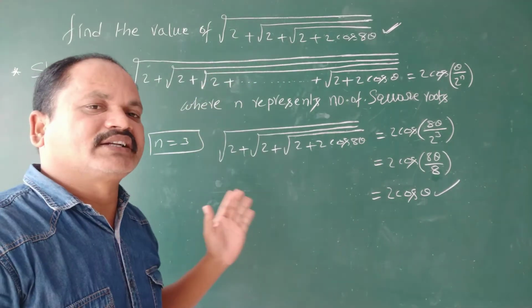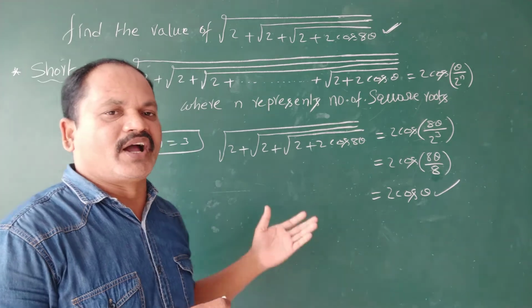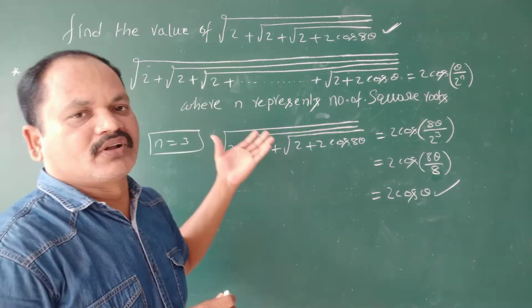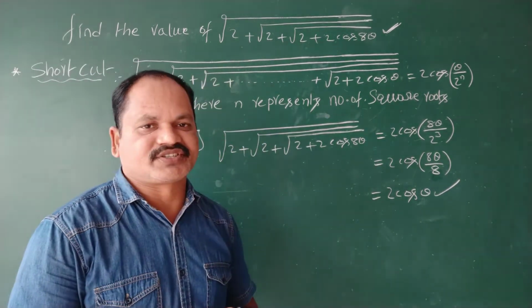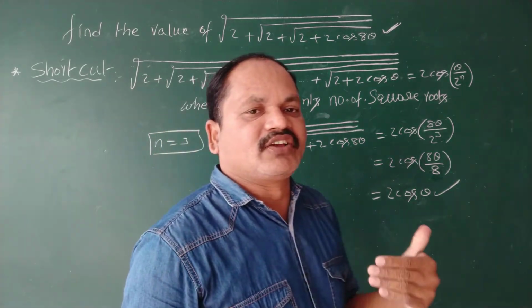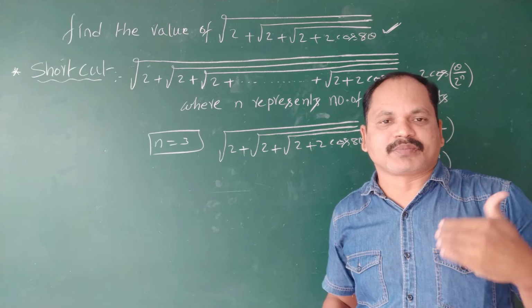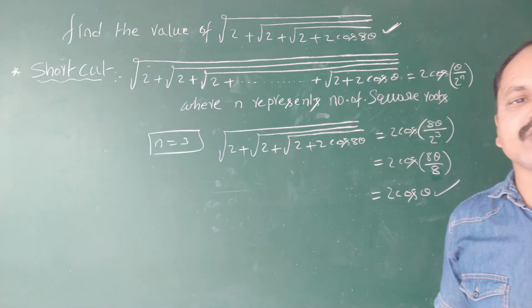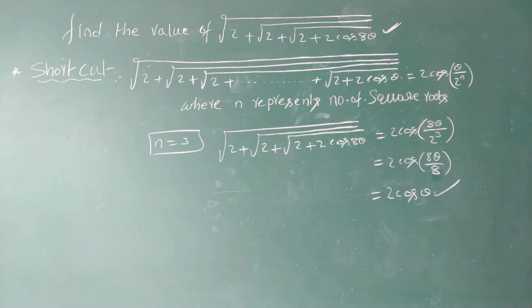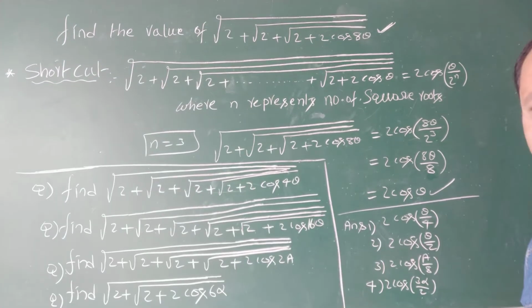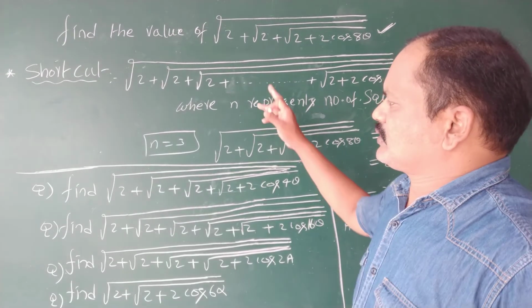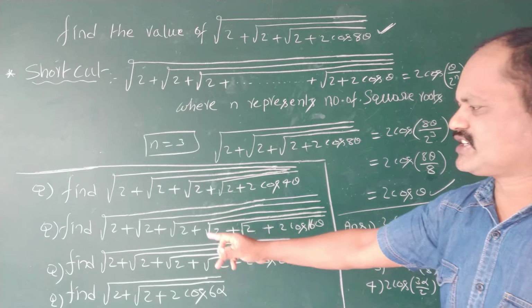That's why this shortcut is most useful for finding the results of this type of questions. Okay. Now I will give the questions depending upon this concept. Practicing questions. You can solve the practicing questions.